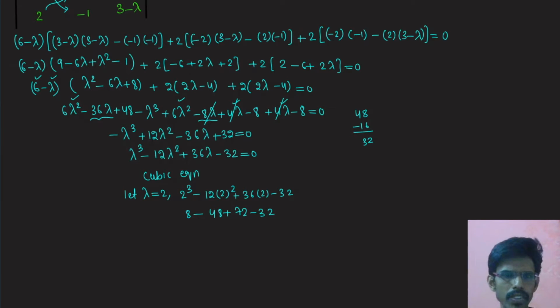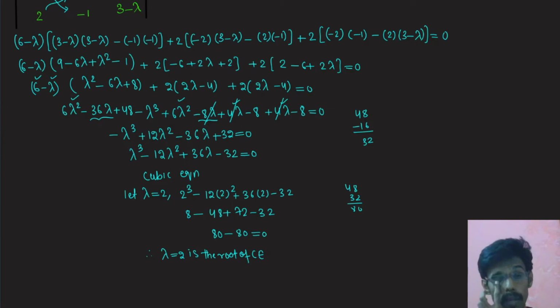Now we have 72 plus 8 will be 80, 48 and 32 will be 80. So we have 80 minus 80, that will be 0. Hence we say that lambda equal to 2 is one of the roots of the characteristic equation.